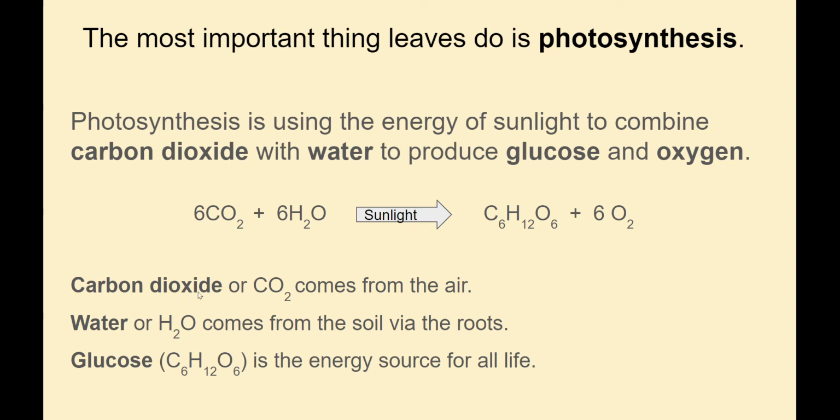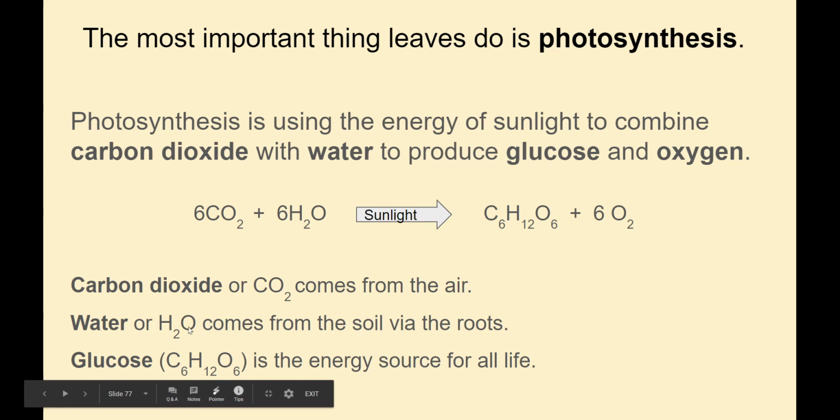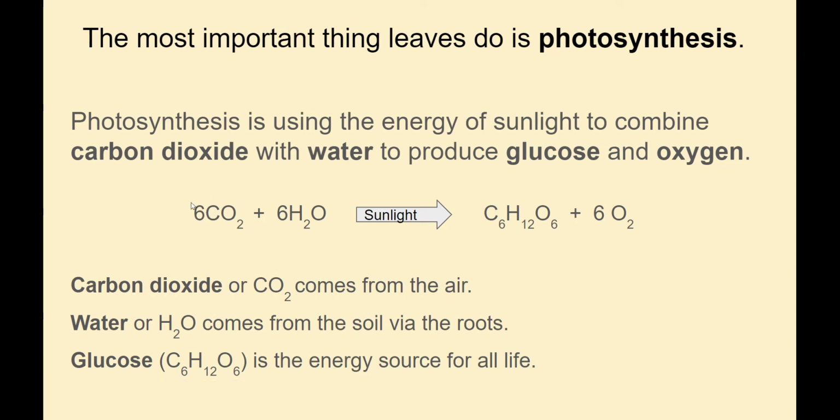So di means two oxygen, one carbon, comes from the air. The water comes from the soil, and water we say is H2O. And these numbers out front just tell me how many molecules of carbon dioxide, how many molecules of water combine to make one molecule of glucose and six oxygen atoms.